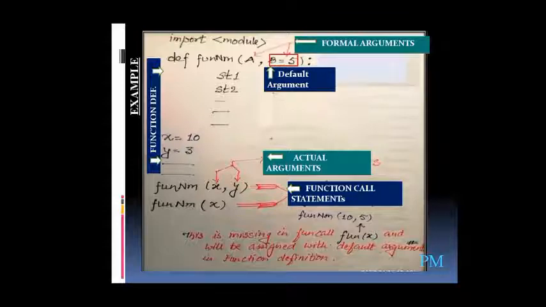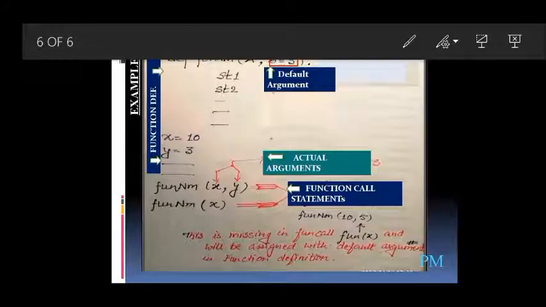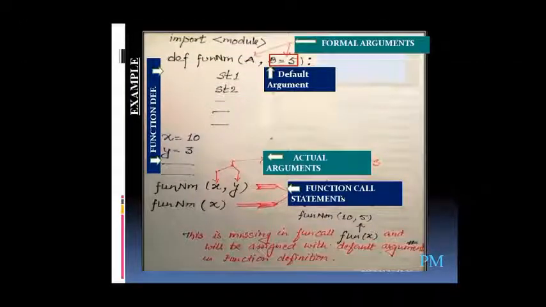Now this is valid because it is next in sequence. A is the first argument of the function and B is the second argument. So this is valid, this is allowed. What is not correct: A cannot be assigned a default value without assigning a default value to B. That was what I was talking about.